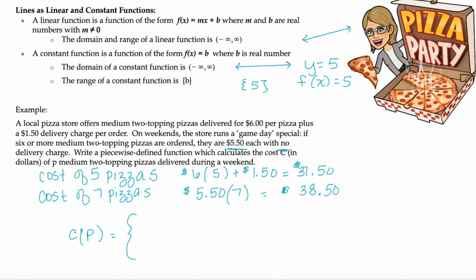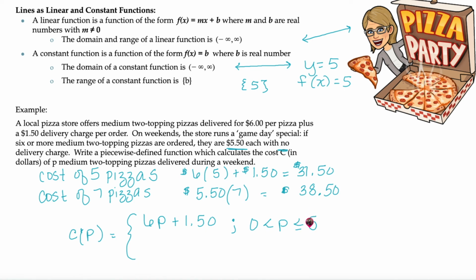So the equation would be 6 times p plus $1.50 when we have the number of pizzas greater than 0 and less than or equal to 5.